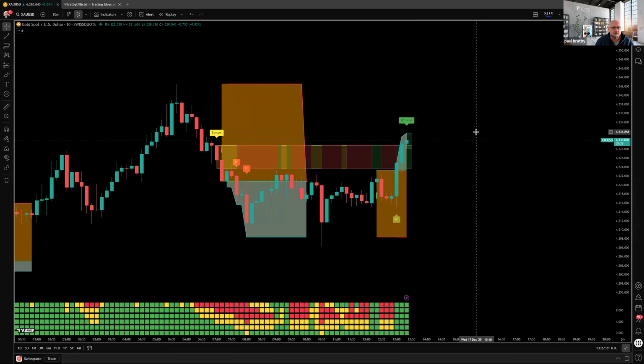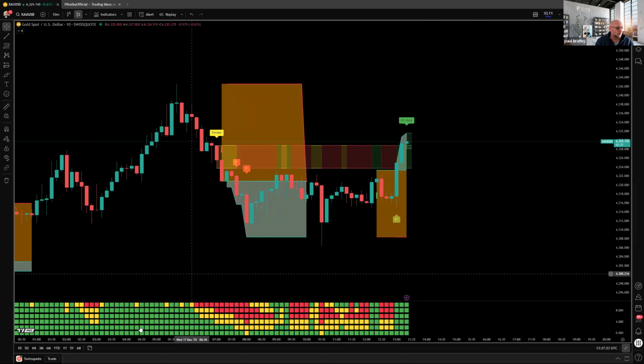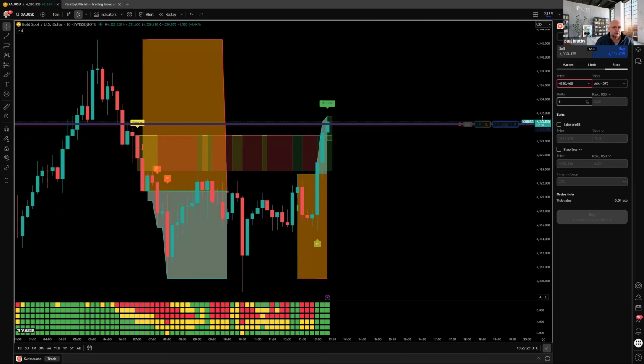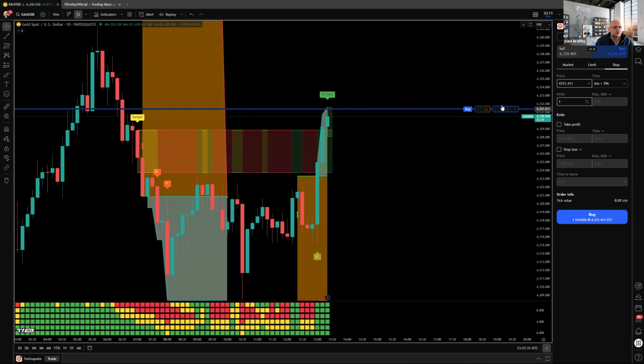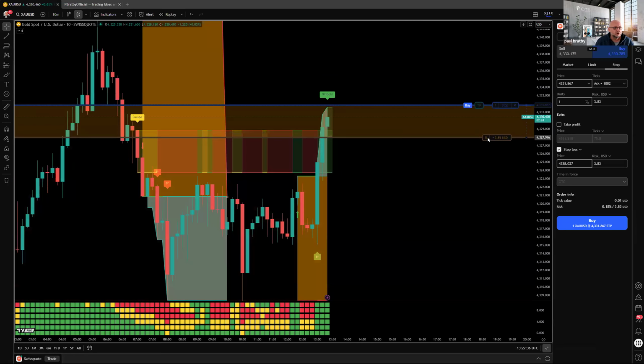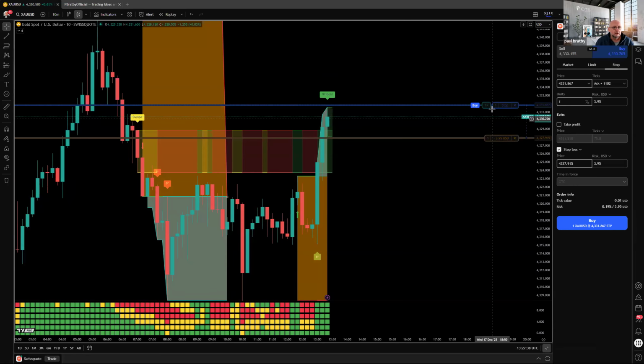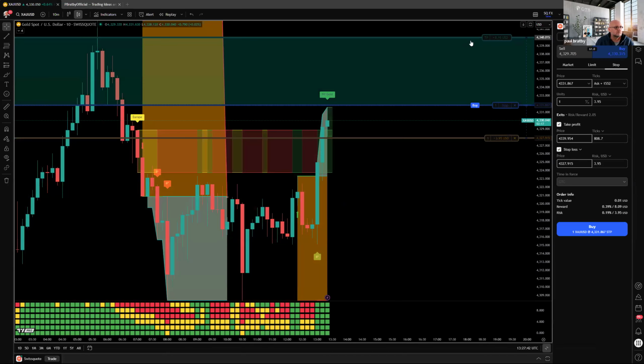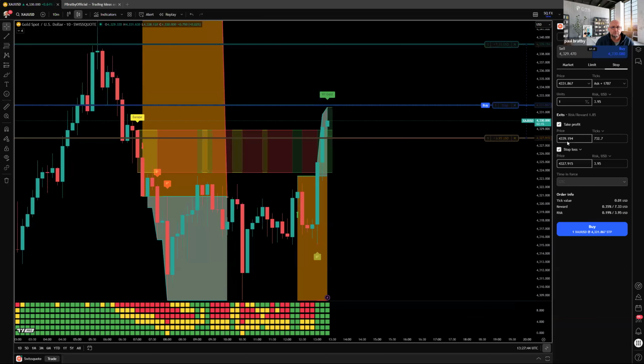Potential trade here. So what I can do on my trade ticket is I'm looking for a buy stop. At this moment in time, I'm looking for a long just above here. My stop loss would be just below the range here, and my take profit is there, for example.